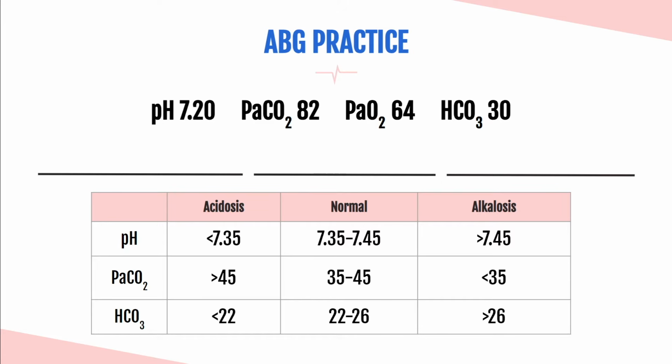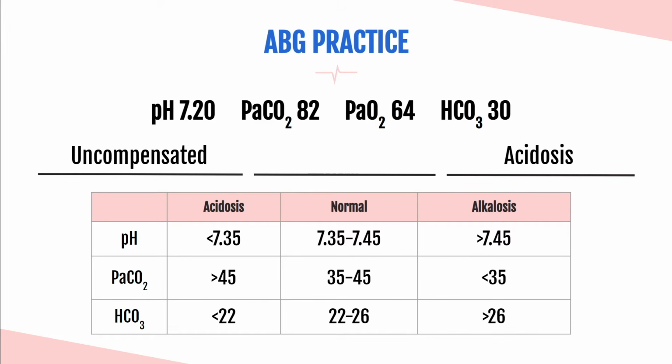An abnormal pH is going to be uncompensated. Okay, so let's figure out our last name. Again, we're looking at the pH. It is 7.20. Is this acidotic or alkalotic? It's acidotic. So far, our name is uncompensated acidosis.